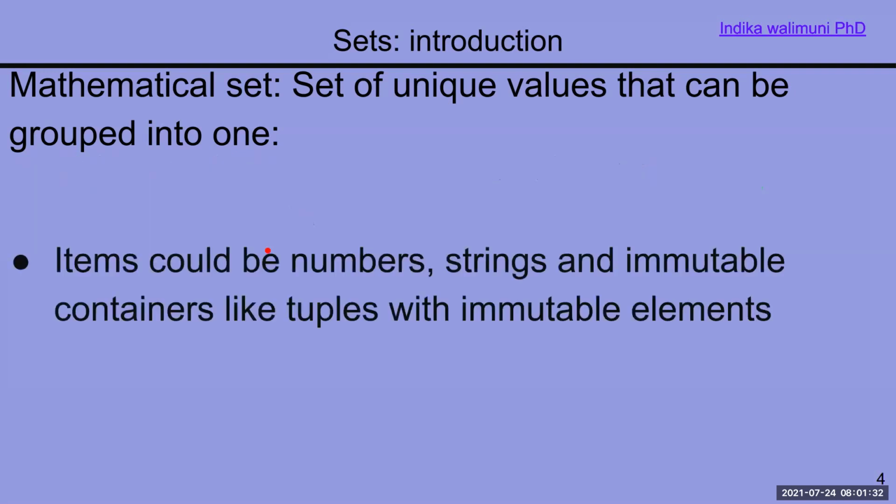So items could be numbers. Numbers are immutable in Python. Strings are immutable in Python. Also, it could be immutable containers filled with immutable elements, like a tuple with all immutable elements inside.